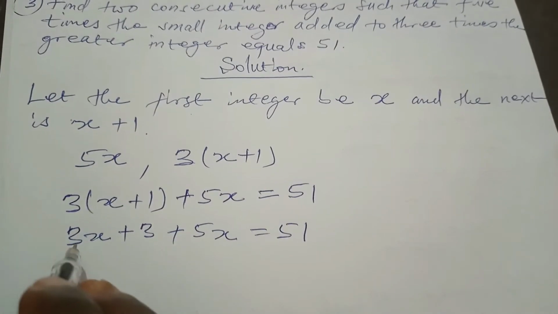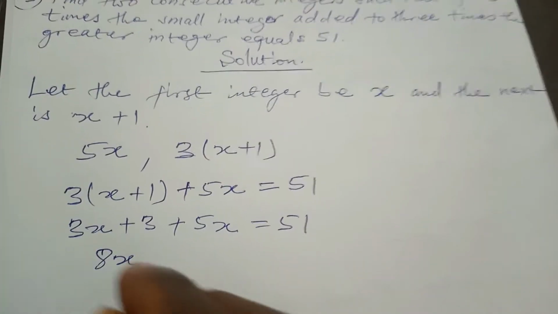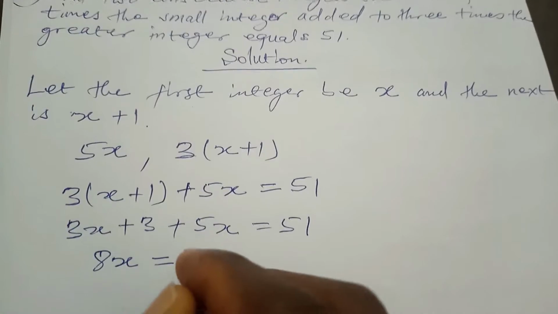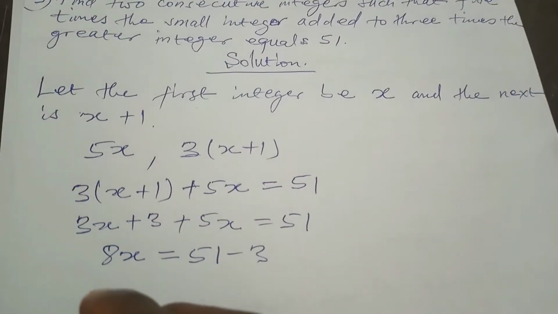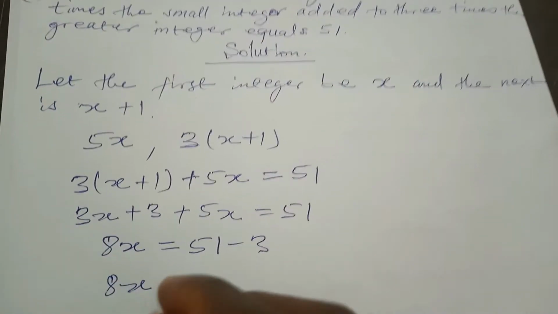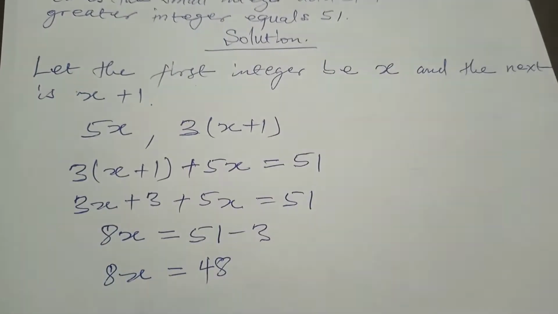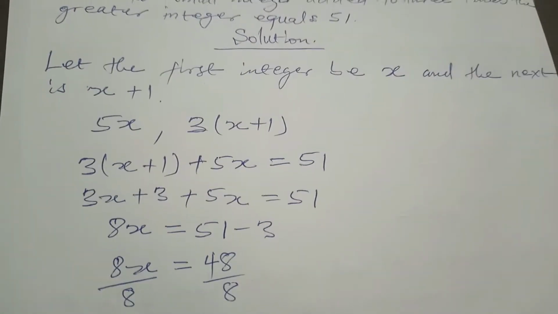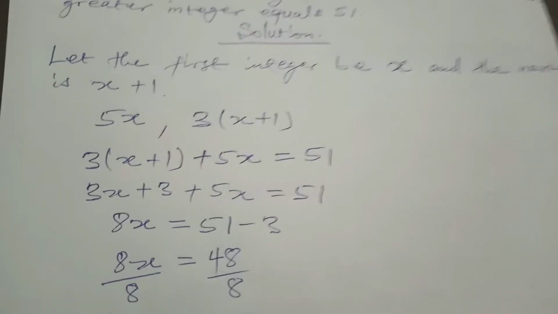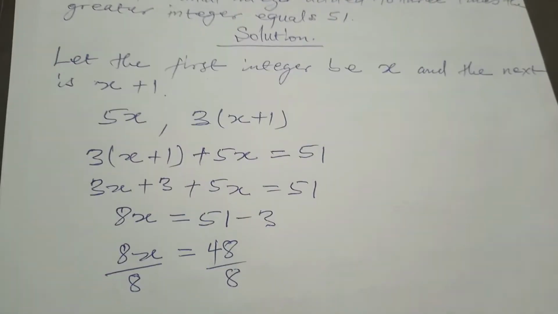We group like terms. 3x plus 5x will give us 8x equals 51 minus 3. So 8x will be equal to 51 minus 3 is 48. Then we divide both sides by 8. And our x will be equal to 48 over 8, so our x will be equal to 6.